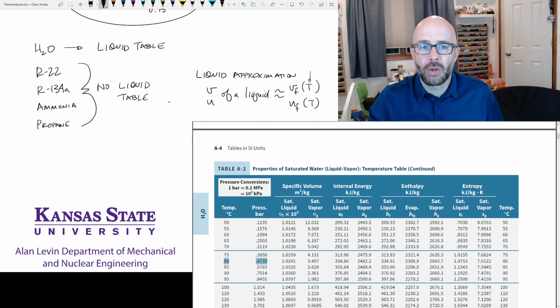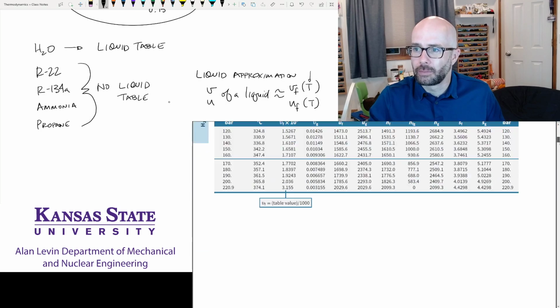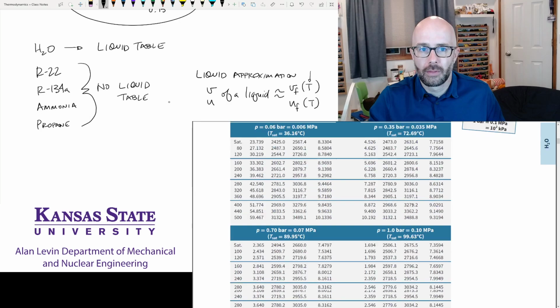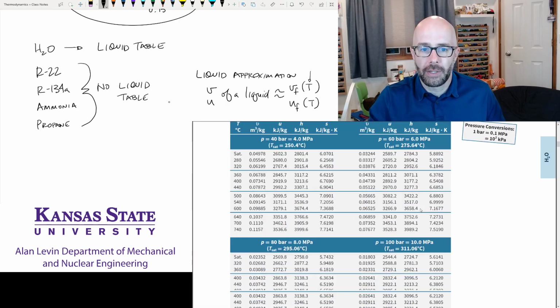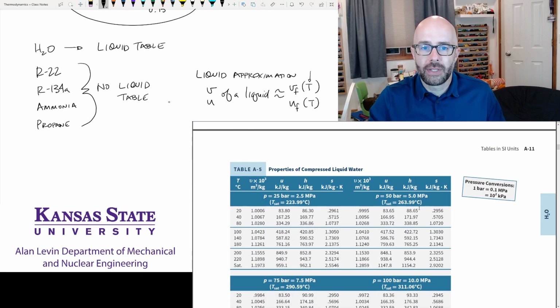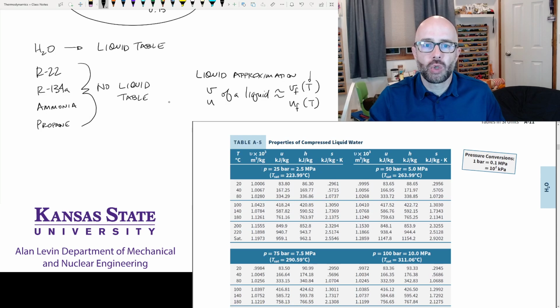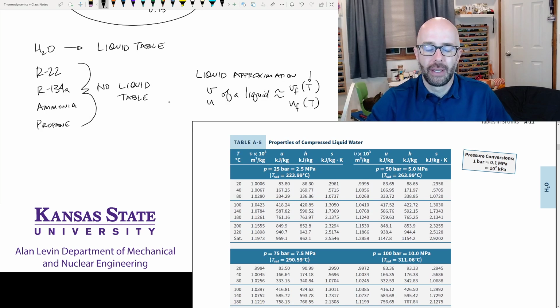And in fact, let's look at table A5. You can see that for water, the liquid table starts at 25 bar. 25 bar is going to be 25 times atmospheric pressure. So what happens if you're just at 2 bar or 3 bar and you have a liquid?